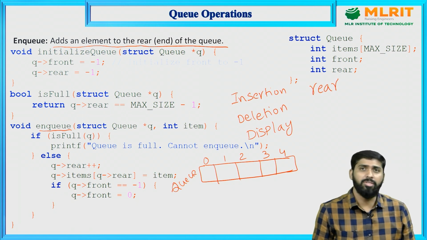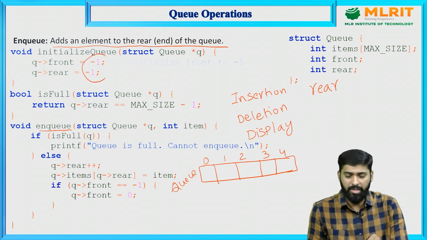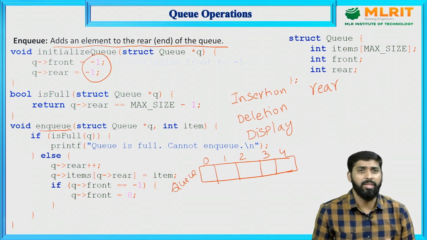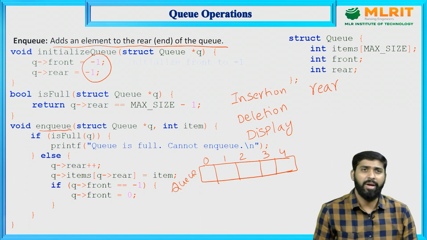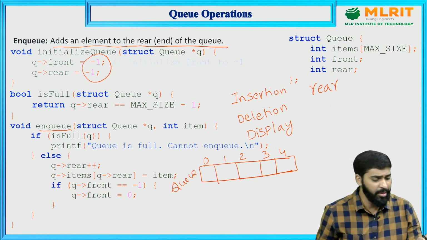Initially, the rear and front values are initialized with -1. That is the initialize function. What is the initialization in a queue program? You initialize the two variables front and rear to -1. Now we are implementing the queue using a structure known as queue.